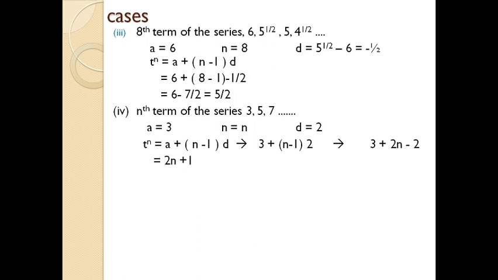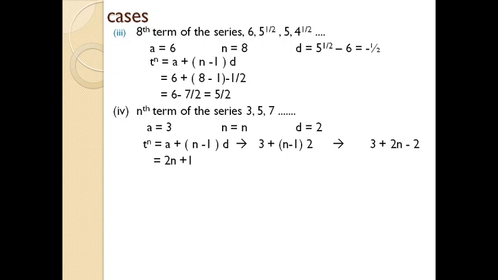By substituting in the equation you will get 3 plus n minus 1 into 2, which is equal to 3 plus 2n minus 2. Finally you will get 2n plus 1. This is the answer to this question. Make it clear: in arithmetic progression problems in this section, you will not always arrive at a number.